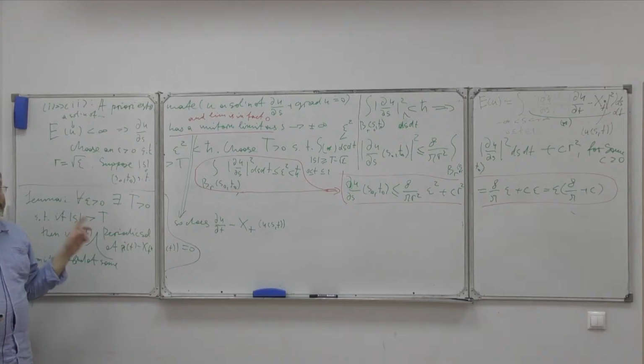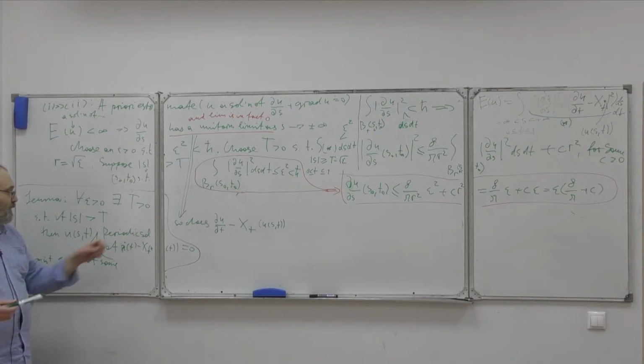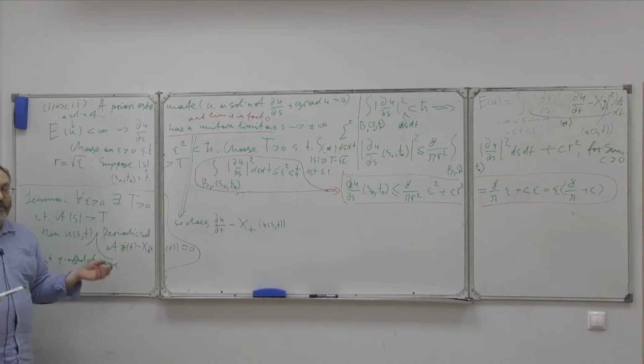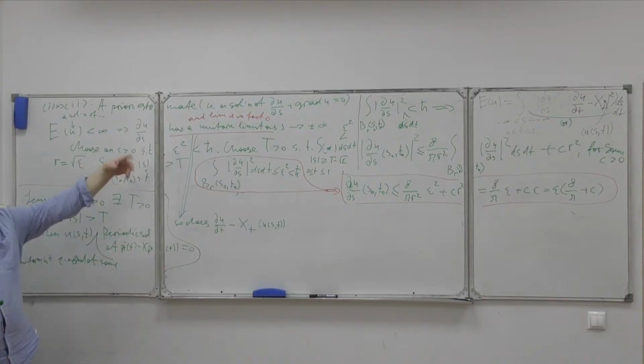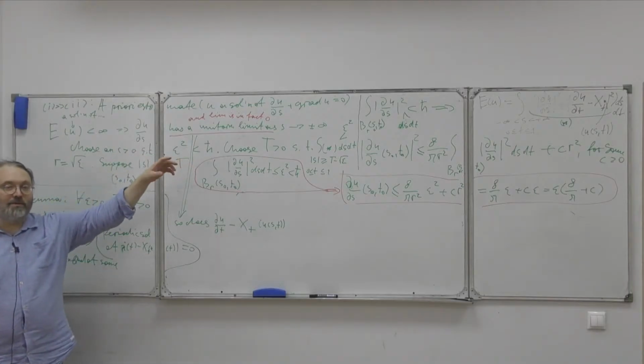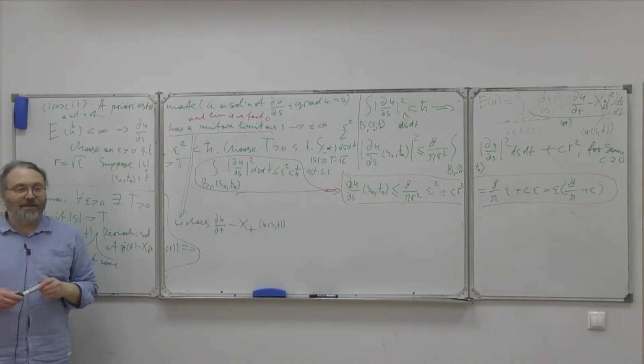We need this set of periodic solutions to be finite, or at least discrete. Because, by the way, if it's not discrete, then we've proved Arnold's conjecture, so nothing to worry about.